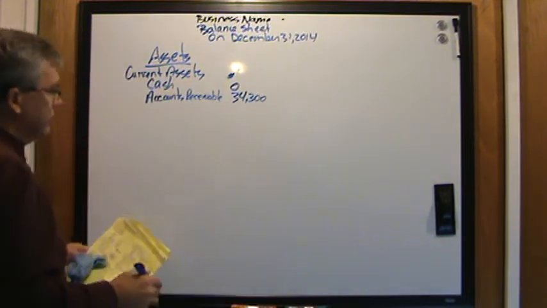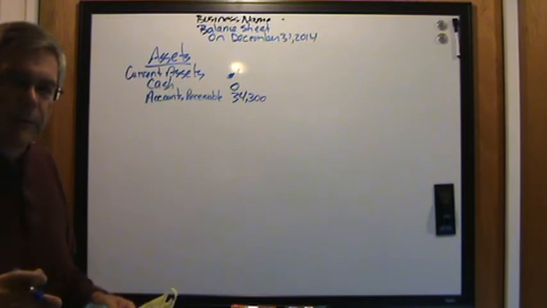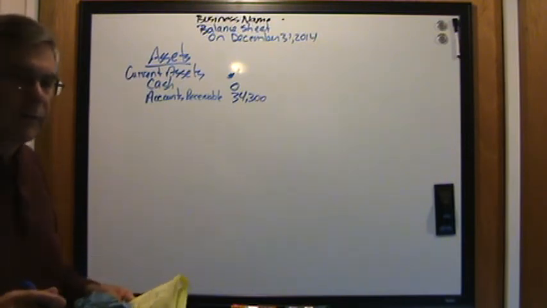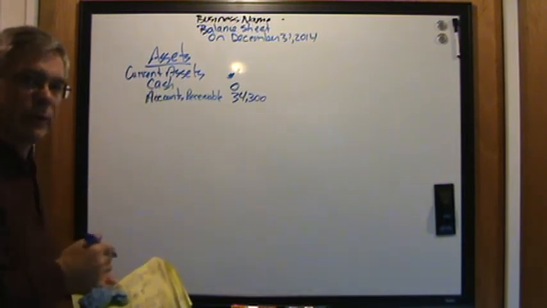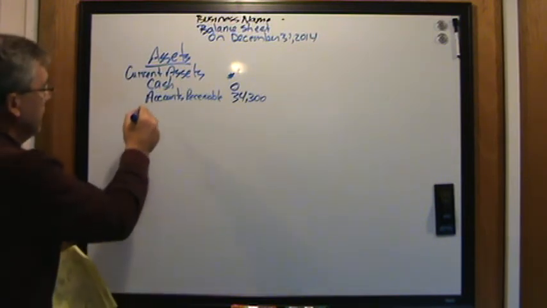I should also note that this is the order in North America. Current assets are listed first, and they're listed in order of liquidity. Cash is the most liquid, accounts receivable are next, and then inventories.